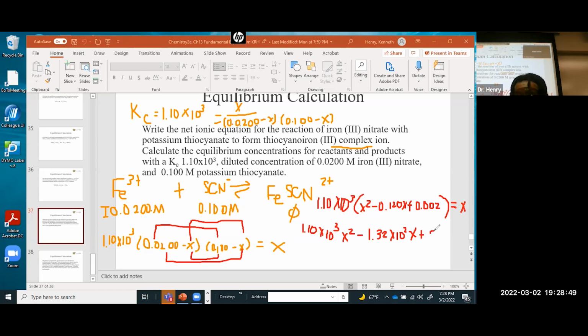Yep, we're going to have to do the quadratic, yes. 2.2, and then equals x.